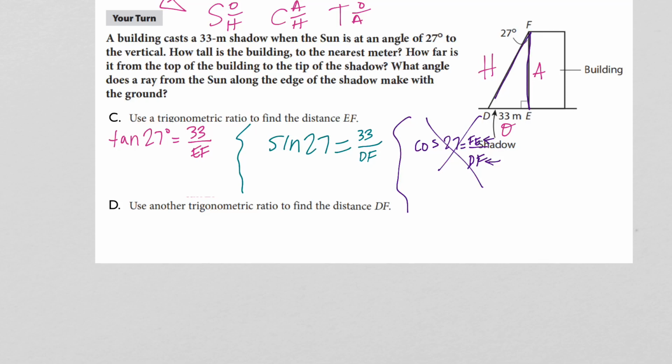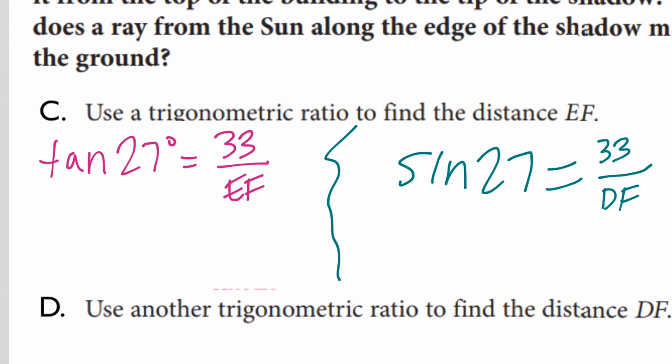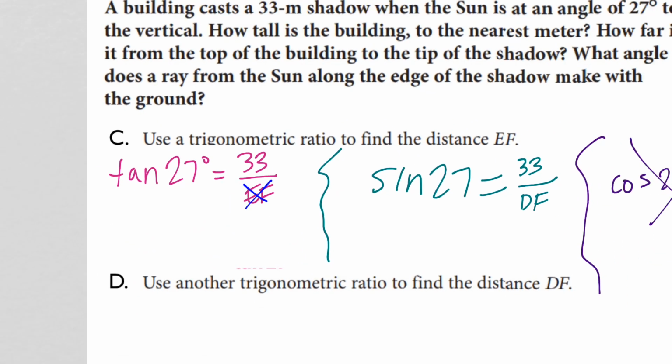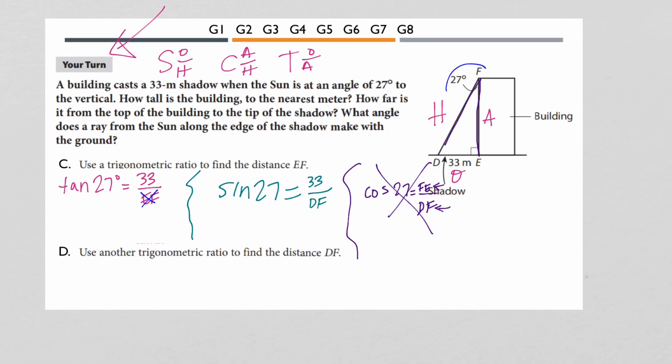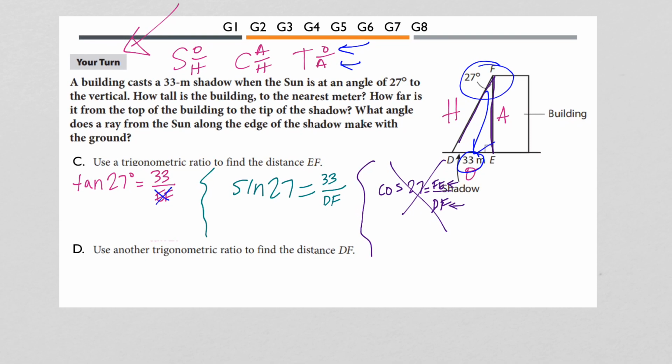If you make EF your X, tangent of 27 degrees is opposite over adjacent. Opposite is 33, that's why I wrote 33 on top, divided by the adjacent, and we don't know the adjacent, so that's why I wrote EF.